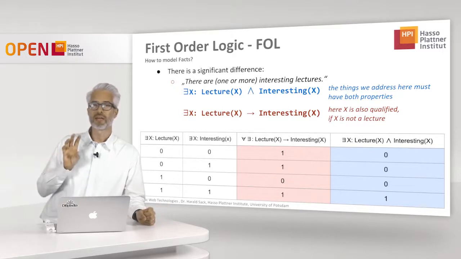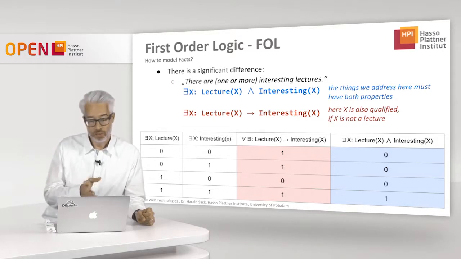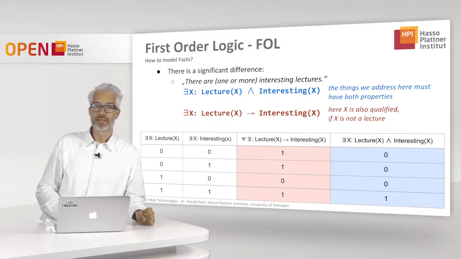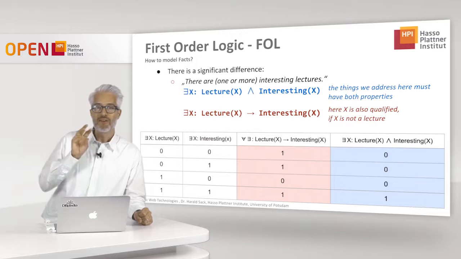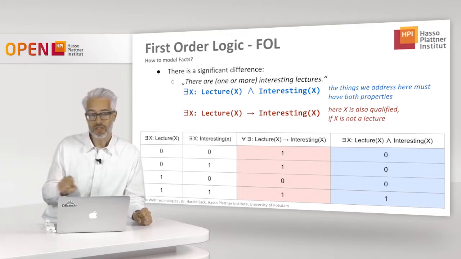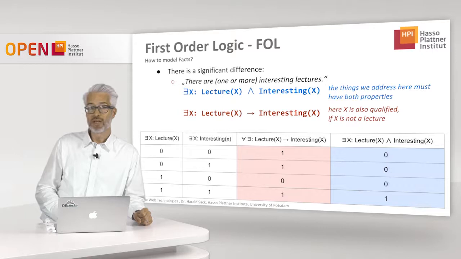If we would specify that with an implication, then we would have: there exists an x for which if x is a lecture, then x is interesting. This would mean that if x is not a lecture, nevertheless the entire expression would compute true. And this is not necessarily what we have in mind. If x is not a lecture, we can imply anything.